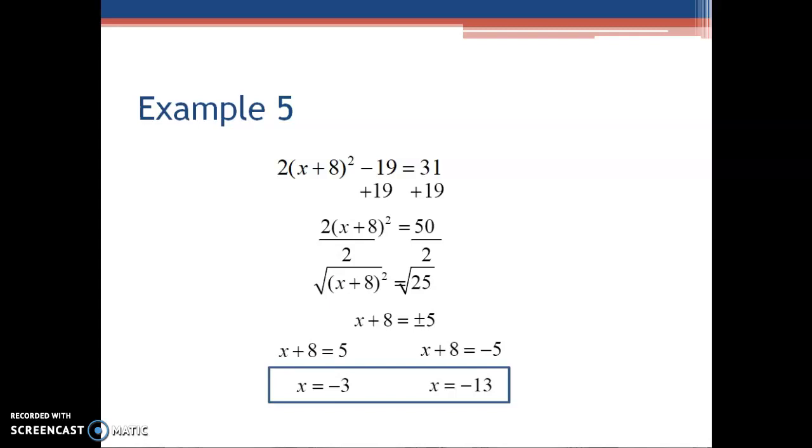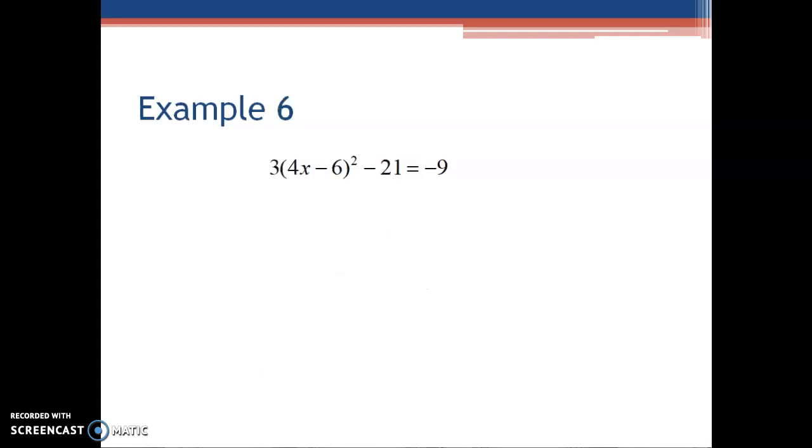Alright, we're going to do one more example. So again, in this example, notice how it's not the x that's the only thing being squared. It's the entire thing in parentheses, the 4x minus 6, that's all being squared. So we're going to get that 4x minus 6 squared by itself before we take the square root of both sides.